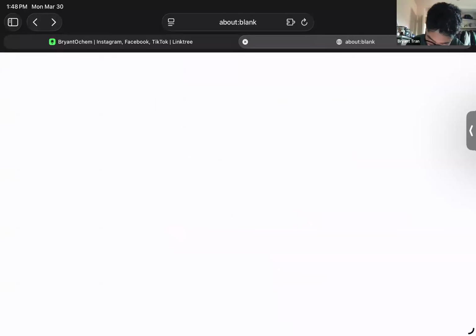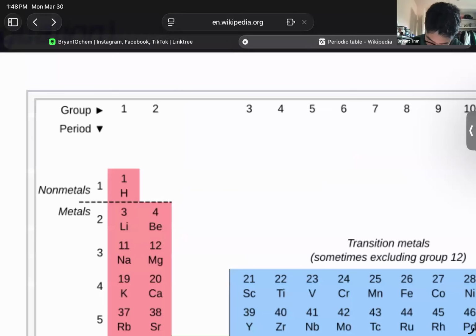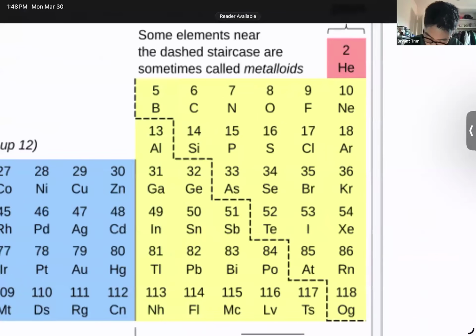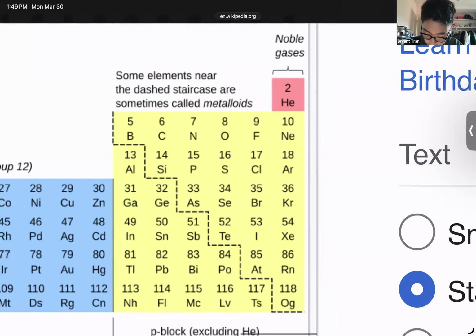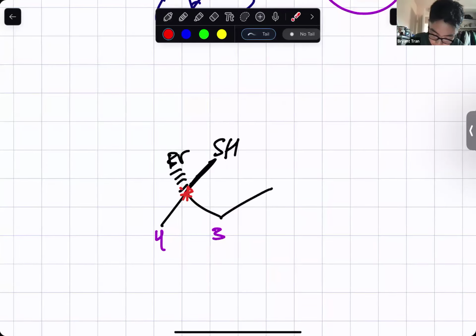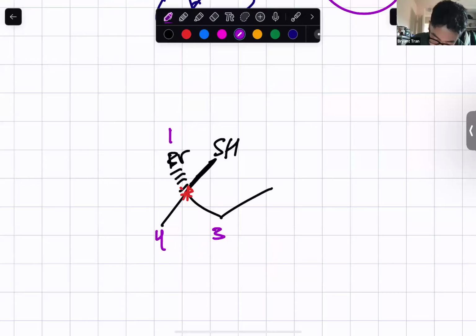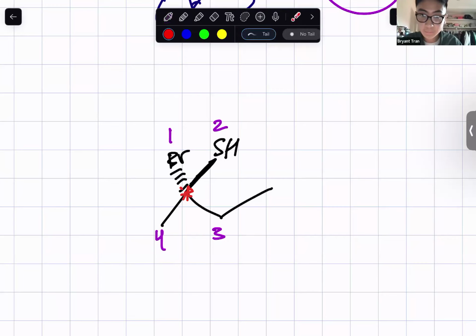If we go back to the periodic table, sulfur has 16, bromine has 35. S has an atomic number of 16, Br, bromine, has an atomic number of 35. So bromine has the higher atomic number, which makes bromine number one and S number two. Any questions on why that's the case?